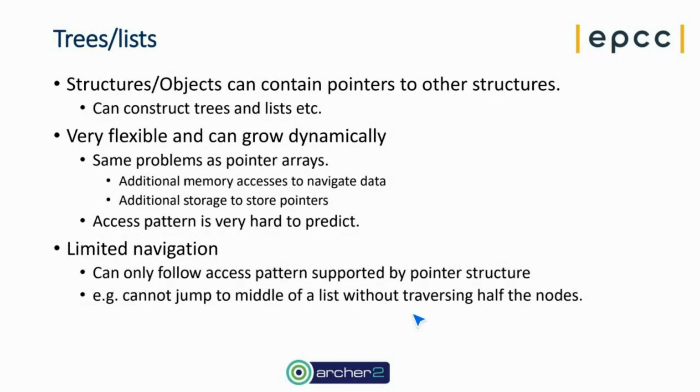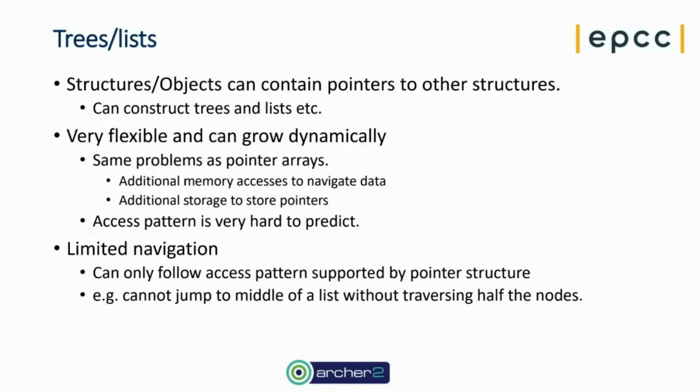In general, your access patterns are going to be difficult to predict, so it's difficult to do much to optimize for cache usage. Some of the problems with these is that you have limited navigation. If you have a linked list, for example, you can't just jump into the middle of it without starting from the beginning and traversing the list.